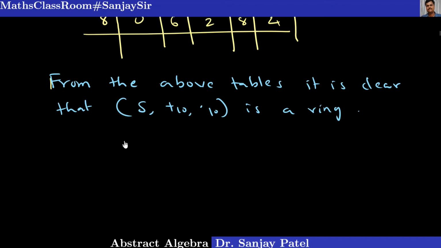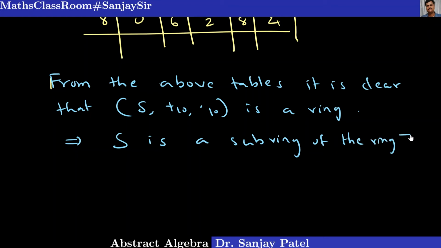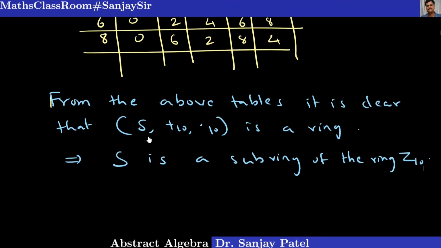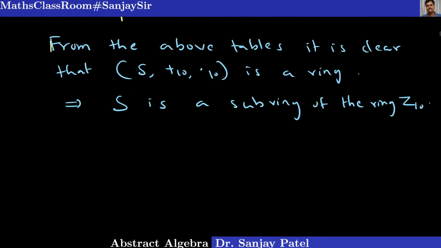So I can say that this S is a subring of the ring Z10, the ring of residue classes modulo 10. You know, in Z10 we have an identity element.